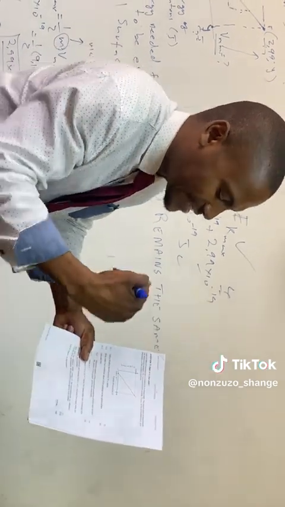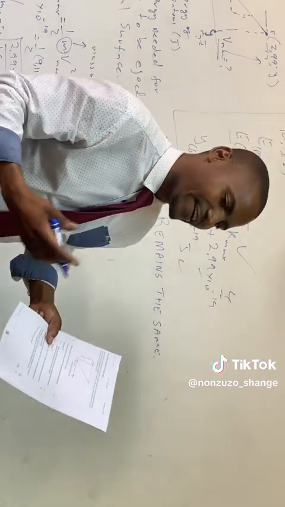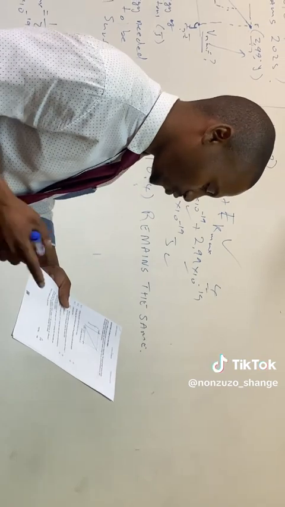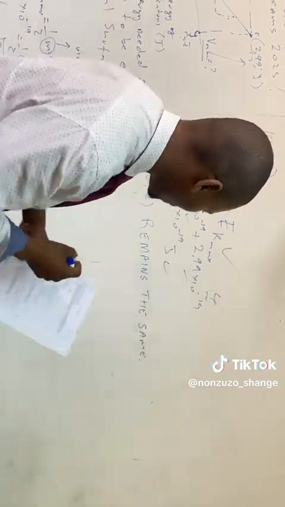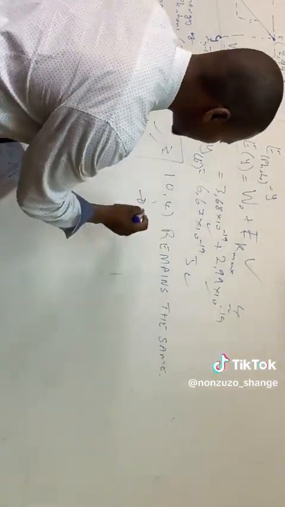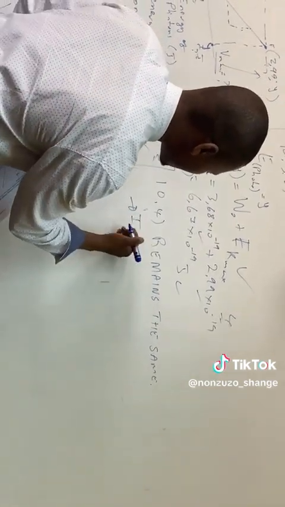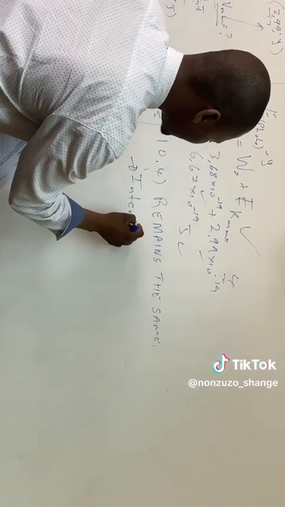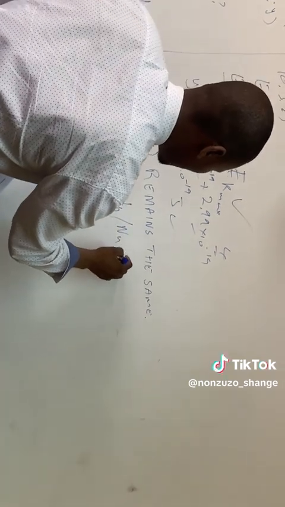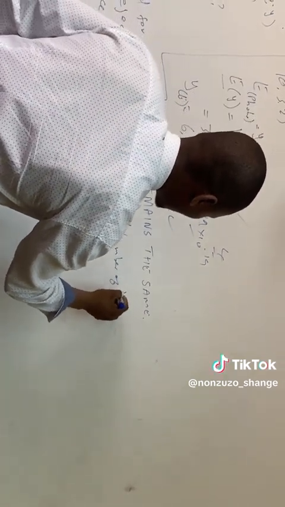It will not be affected when the intensity has been changed. So I think you will recall that one. Therefore, give the reason now here. We would say now here, intensity or number of photons.